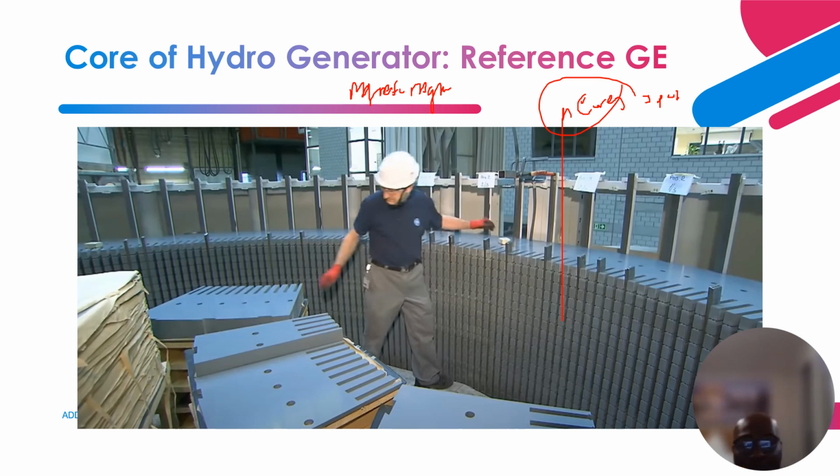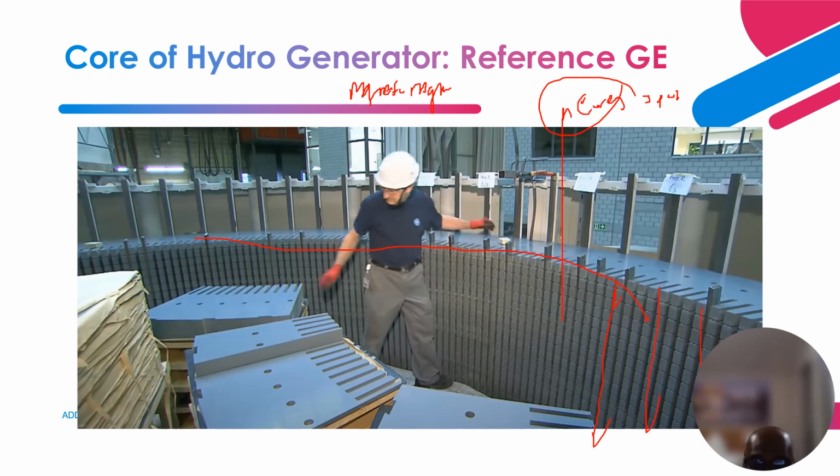Without a magnetic field, there's no way you will have induction or voltage in the stator core. This is the building block, and these are laminations that are stuck together, all the way up.